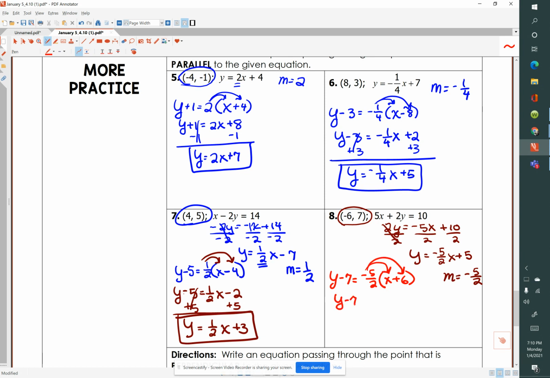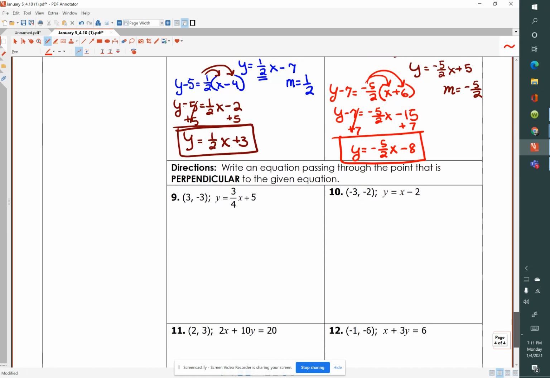Y minus 7 equals -5/2 x, -5/2 times 6 is -15. Now we will add 7 to both sides of this equation to isolate y, and y will equal -5/2 x minus 8. And that's our final answer.